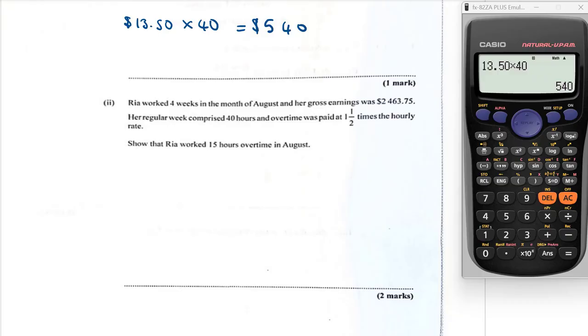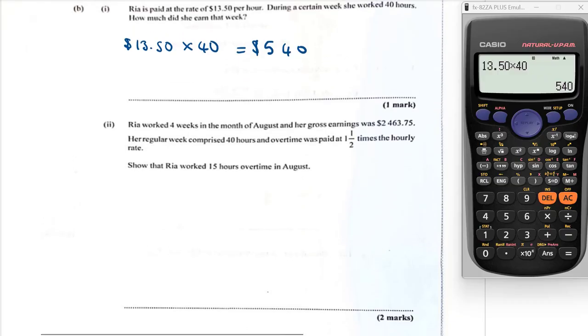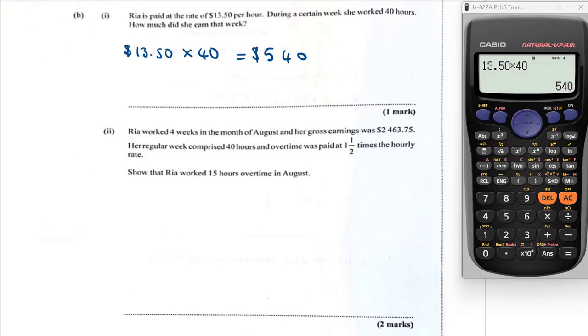So how do we do this? The first thing we need to ask ourselves is, without this overtime, how much money would she earn in 4 weeks? In the previous question, we saw that she earned $540 in 1 week, right? So how much should she earn in 4 weeks without overtime?